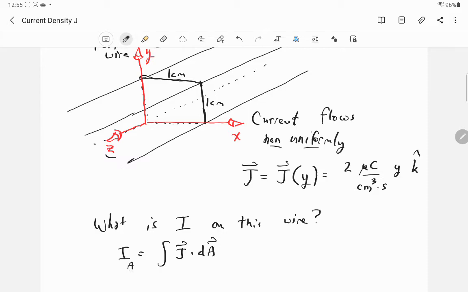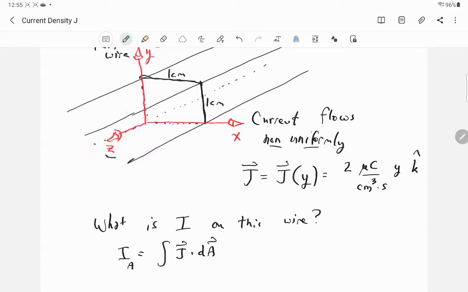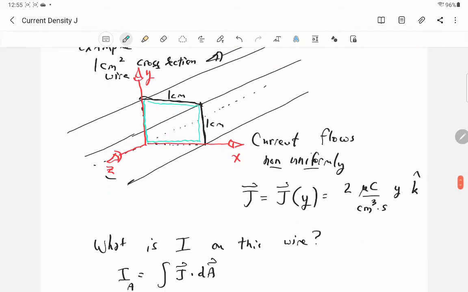And so the area A that I care about is all of this, because I want the current on the entire wire. I don't want the current on the left half or the top half or just down the middle, bounded by some small piece of area. I want the whole area.